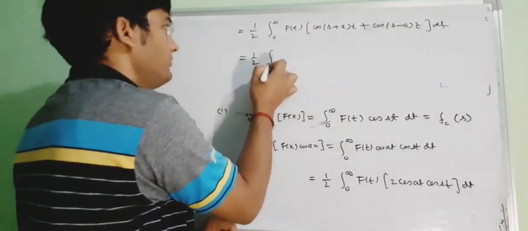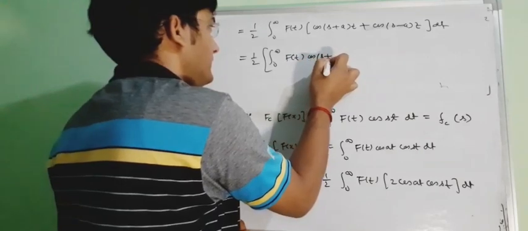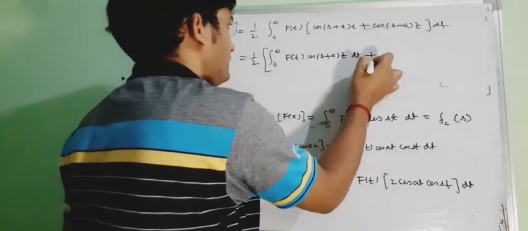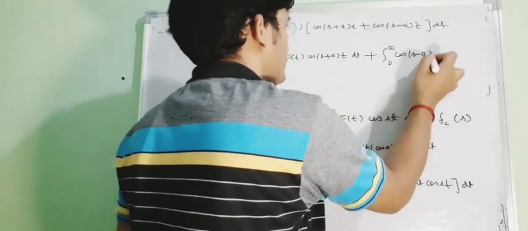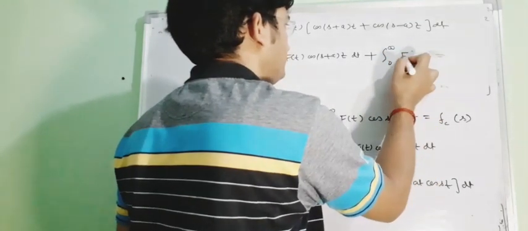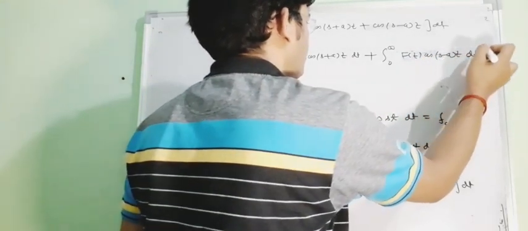So this is equal to the integral of f(t) cos(s+a)t dt. Then for the second term we will have the integral from 0 to infinity of f(t) cos(s-a)t dt.